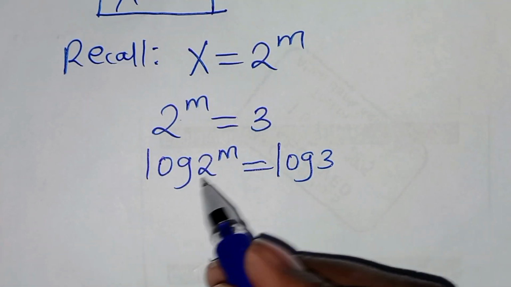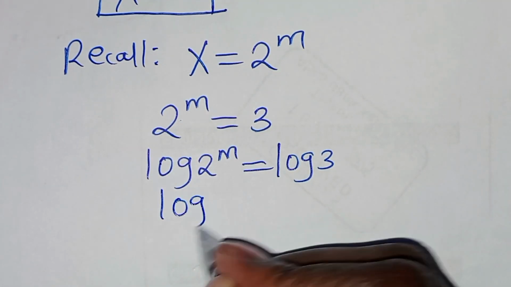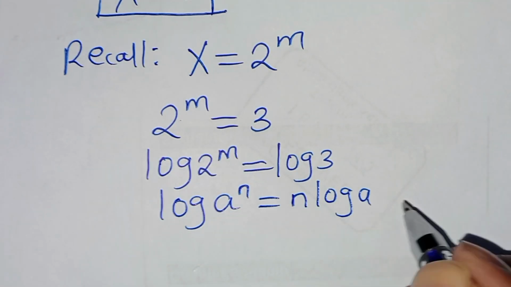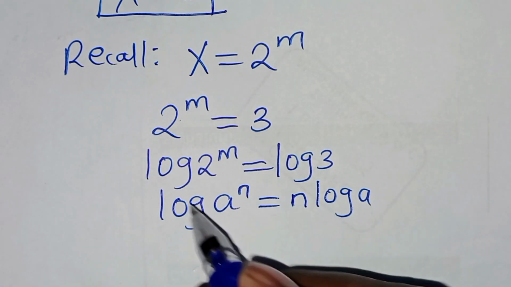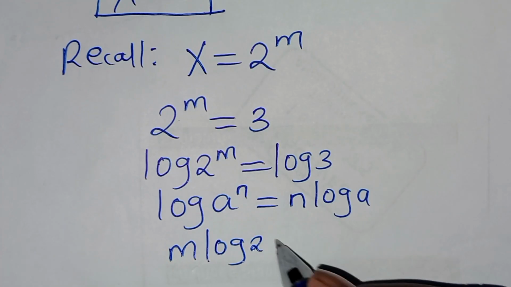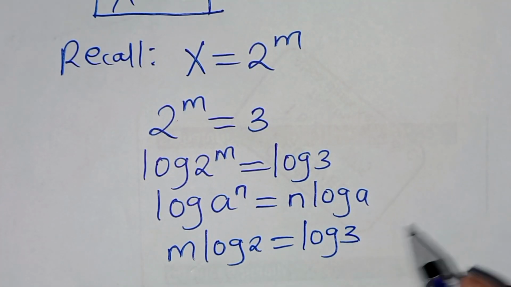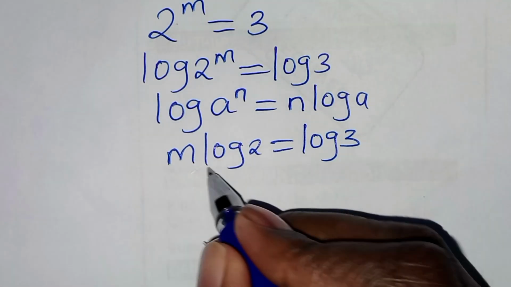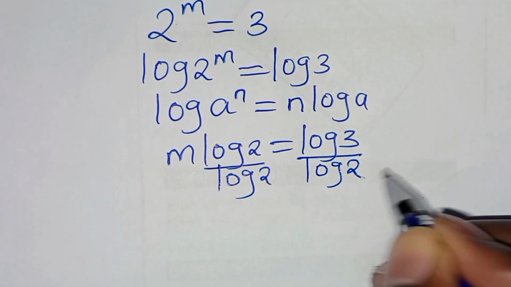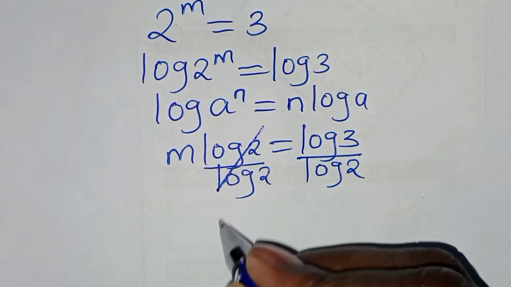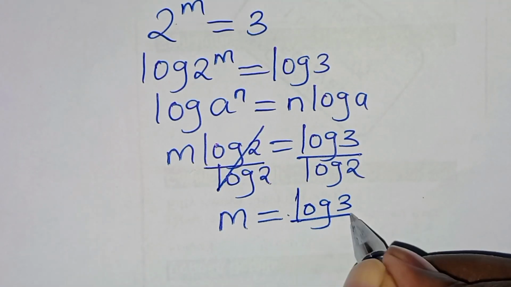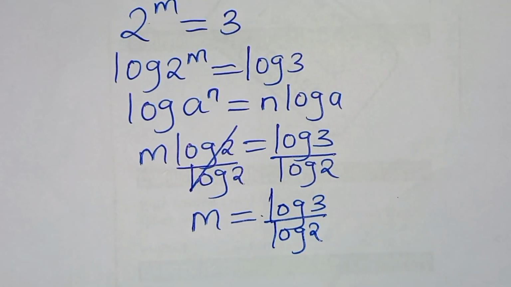And then you find that log 2 to power m, this is in the form of log a to power n, which you can express as n log a. Applying this power rule property, then log 2 to power m becomes m log 2. This is equal to log 3. Let's divide both sides by log 2. So let's simplify here so that m is equal to log 3 over log 2.